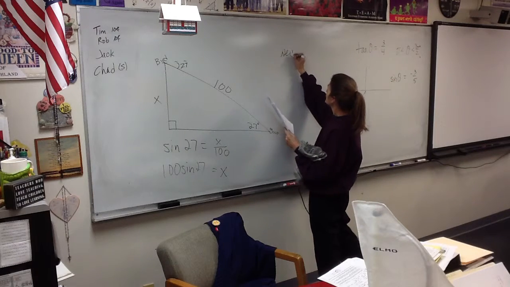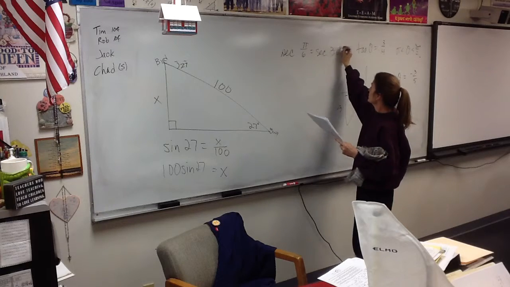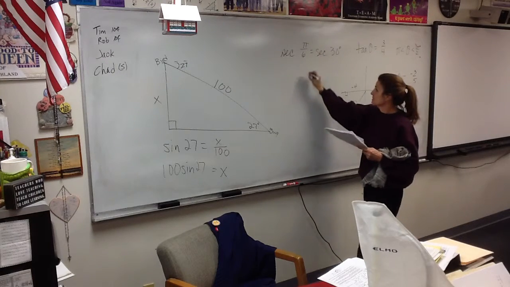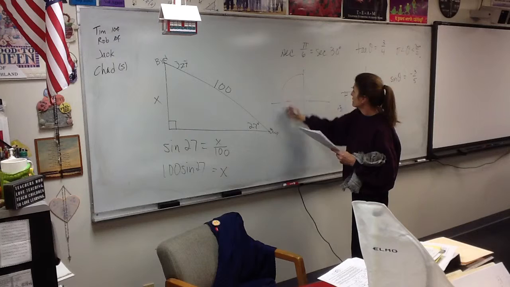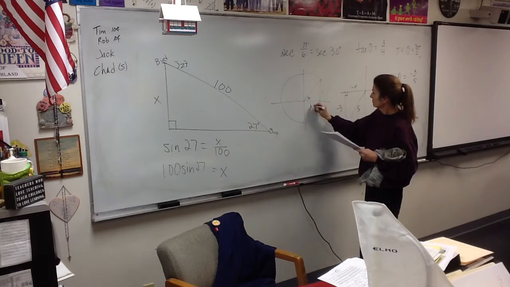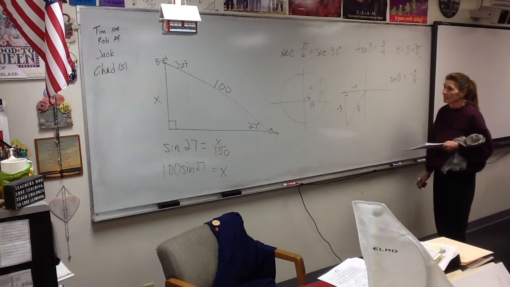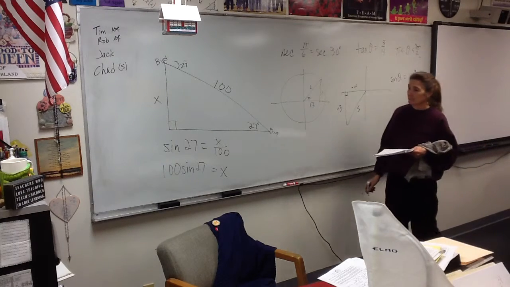And now we're going to find the secant of pi over 6, which is the secant of 30 degrees, 180 divided by 6. So I will draw 30 degrees and label the sides of my triangle. I need the secant.